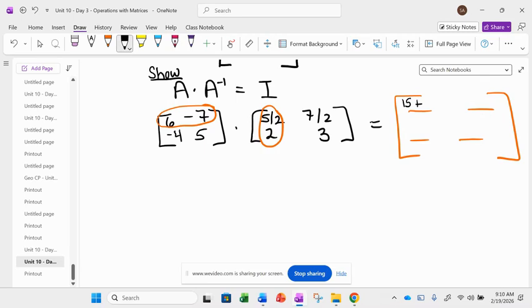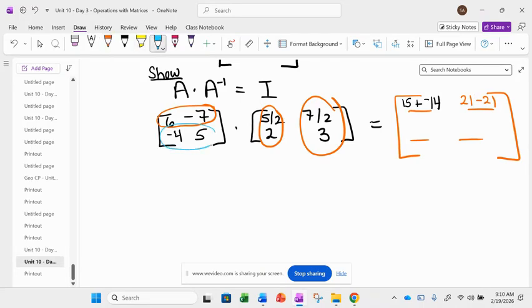No, we're good. 6 times 5 halves is 15. Negative 7 times 2 is a negative 14. And then we're going to have 6 times 7 halves is going to be 21. And then negative 7 plus 3 is a negative 21.